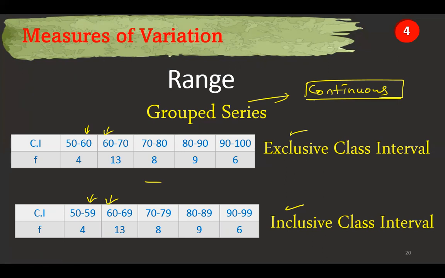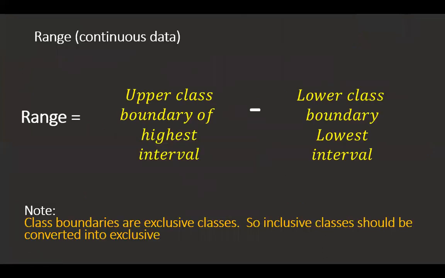It is a very simple formula you have to remember here. The formula is upper class boundary of highest interval minus lower class boundary of lowest interval.